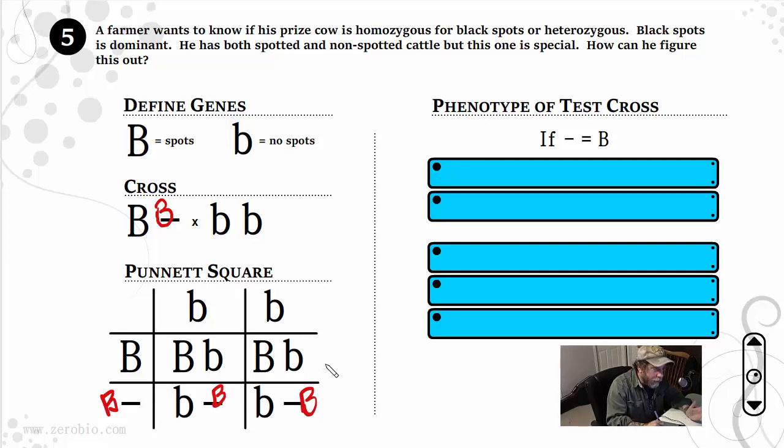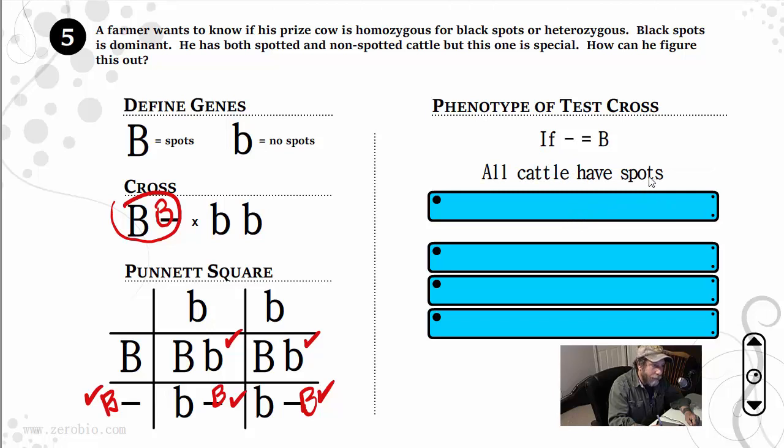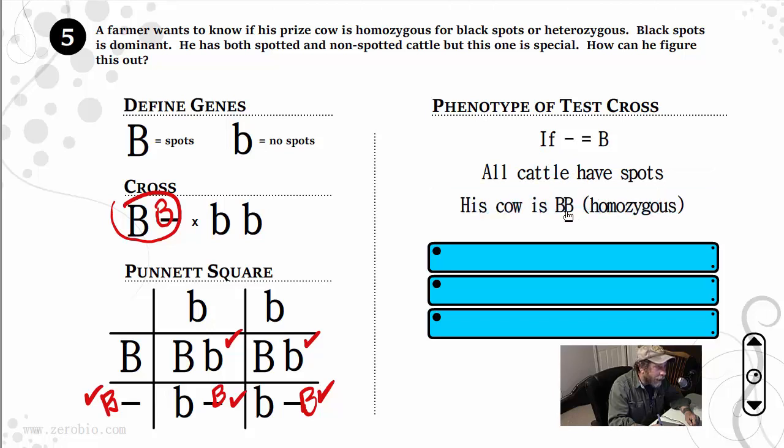He's going to see spots, spots, spots, spots. If he has 4, or 40, or 400, all of them are going to have spots. If that is the case, the farmer now knows that the second gene was a big B, and this is therefore the genotype of his cow. So if dash is big B, all cattle will have spots, and his cow is big B big B. It's homozygous, so now he knows that.